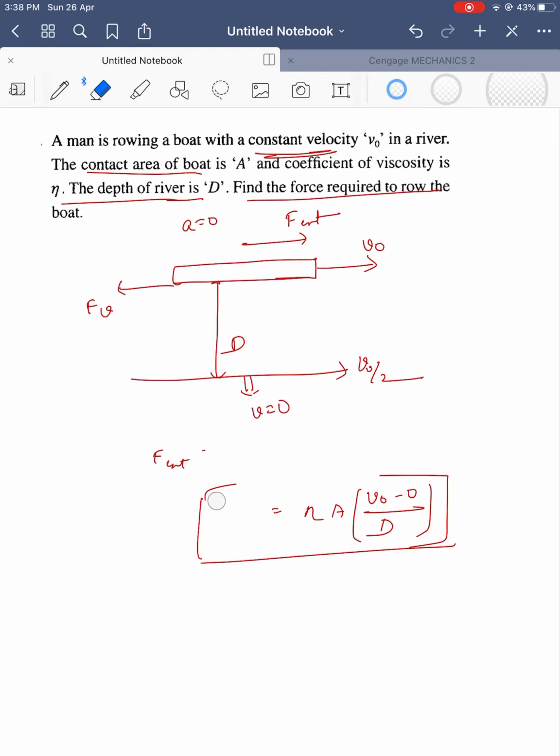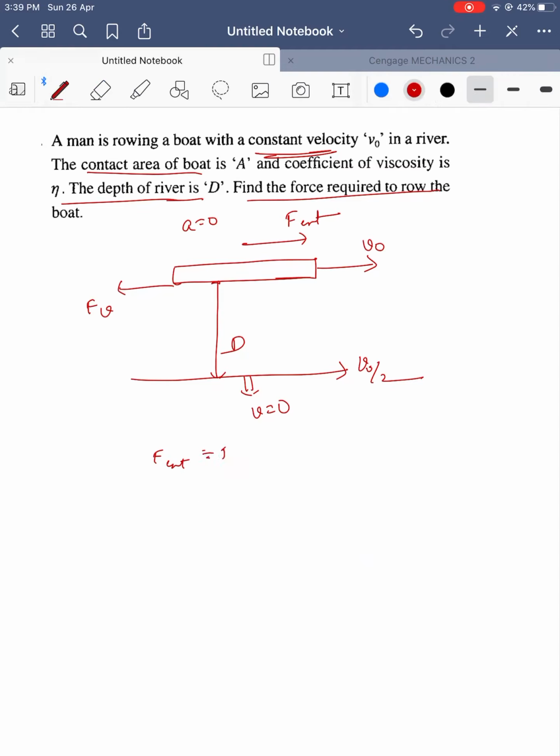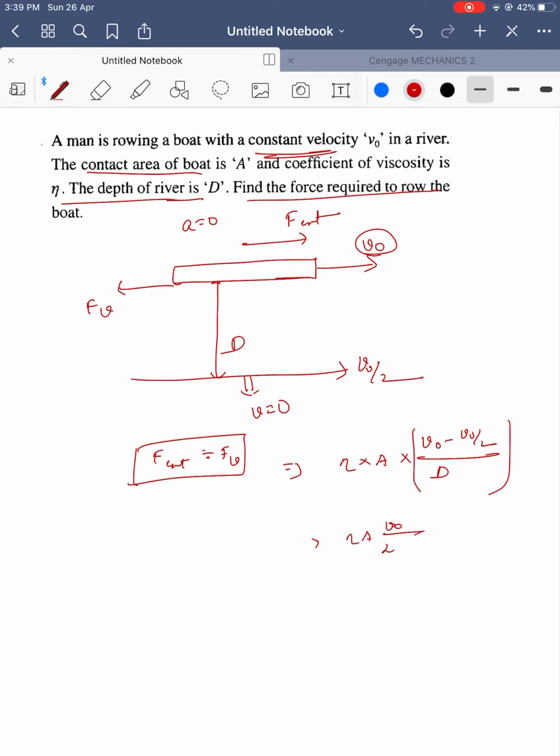In this case, the external force is equal to the viscous force or resistance, which is equal to nu A dv. dv is v0 minus v0 by 2, divided by the distance D. So it is nu A v0 by 2D if the velocity is given as a half. So depending on the question, because here the depth d is given, the lowest point doesn't have any velocity, that's why we consider it as velocity 0.